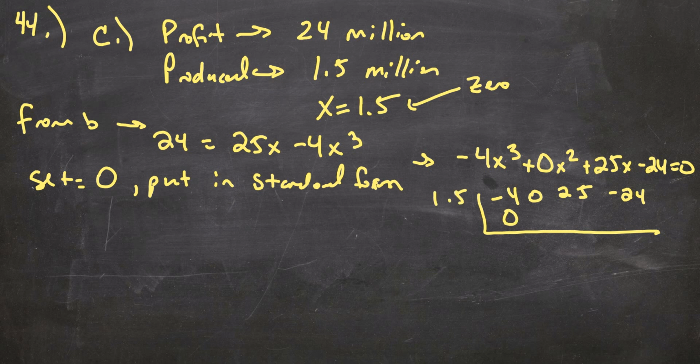0 and 4, negative 4, so I'm going to have negative 4. Negative 4 times 1.5 is negative 6. I put a 0 here. I get negative 6. Negative 6 times 1.5 is going to be negative 9.